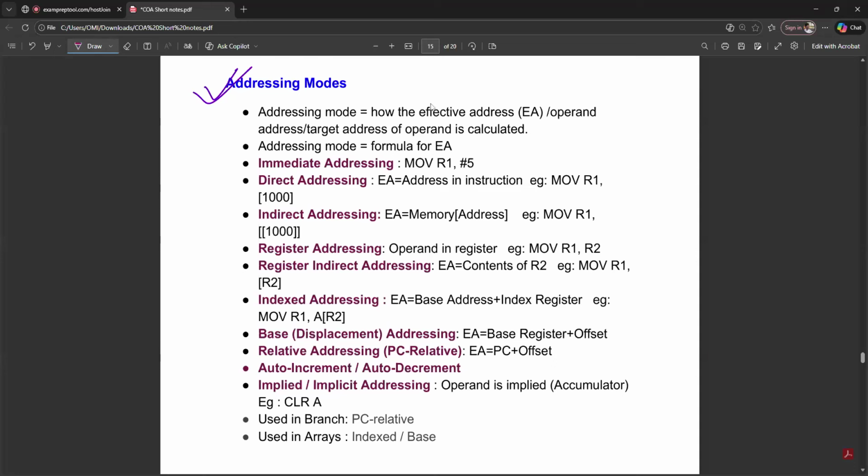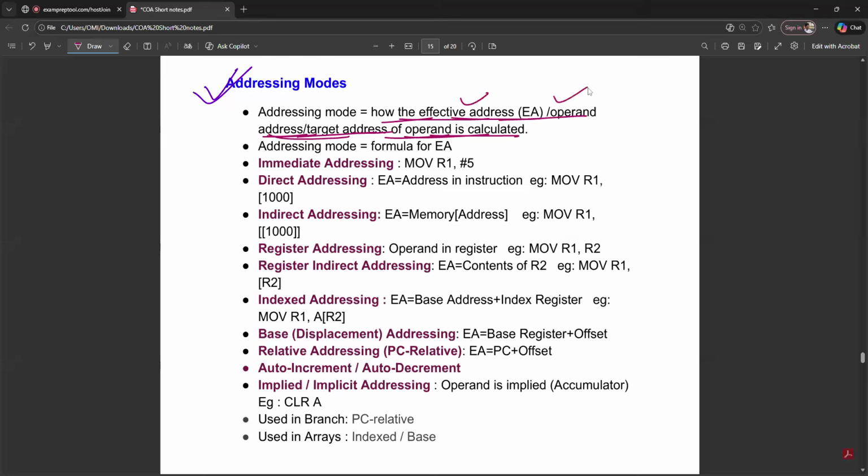Okay. So addressing mode is how the effective address, or operand address, or target address of the operand is calculated, right? What is the effective address?